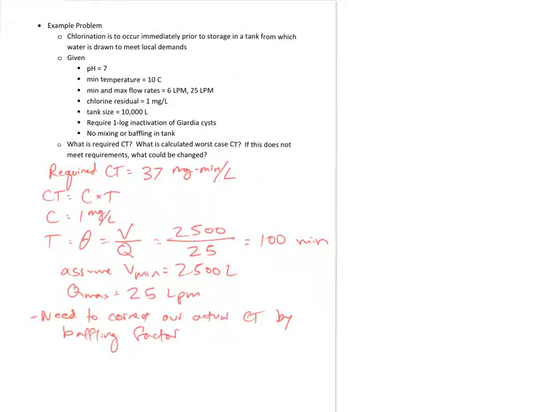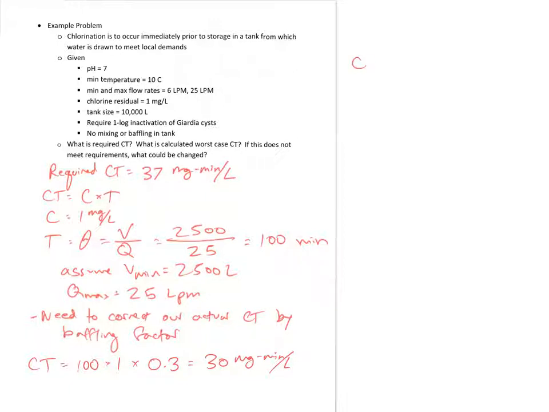So our baffling condition is poor, and we're going to use 0.3 as our ratio. So now we say our CT equals 100 times 1, but then we're going to multiply by 0.3. And so we'll wind up with 30 milligram minutes per liter.